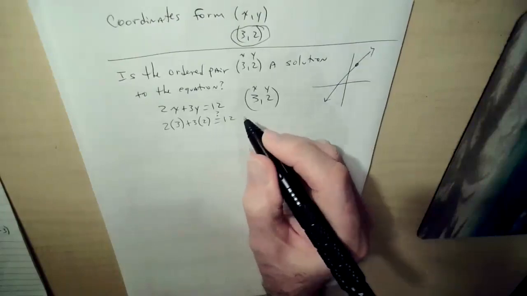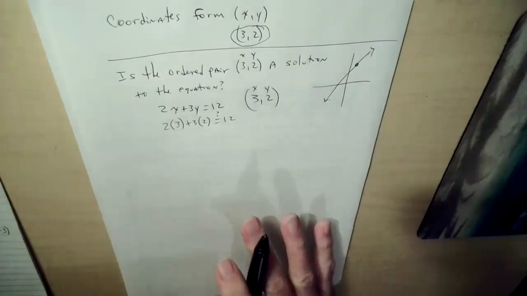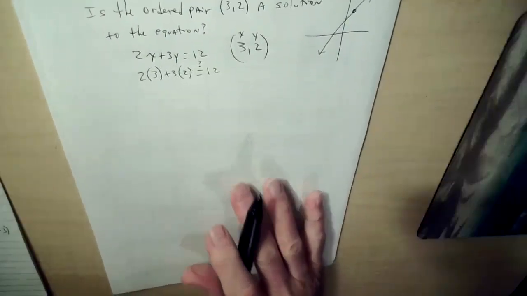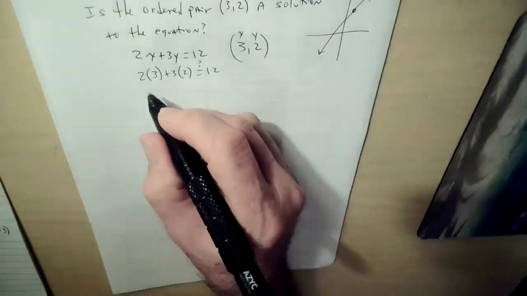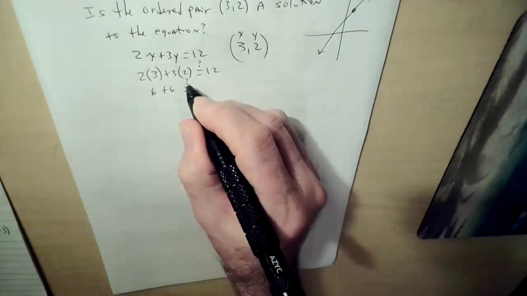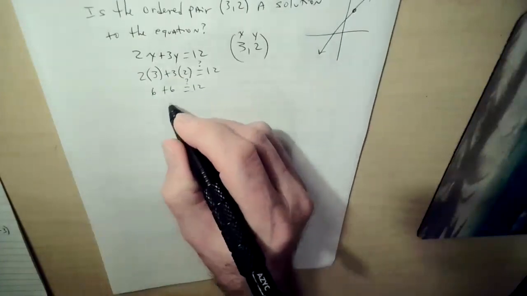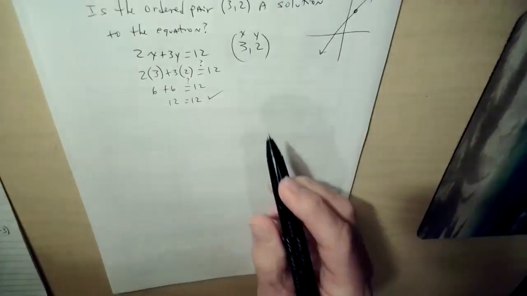Does that equal, put a little question mark up there, important. How do we do order of operations? What do we do first? Multiplication. 6 plus 6. Does that equal 12? Yes, 12 equals 12.